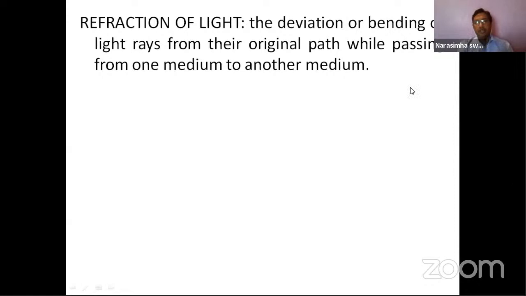Refraction is the deviation or bending of light rays from their original path while passing from one medium to another medium. So simply it is a bending phenomenon of light rays.